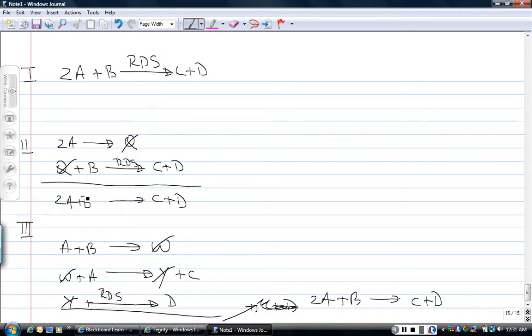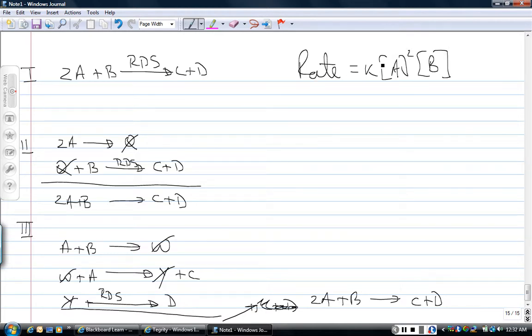All of these mechanisms are consistent with what I have, which is the stoichiometry: 2A plus B gives C plus D. They are also consistent with my kinetics, because my kinetics are rate equals k times the concentration of A squared times the concentration of B. Right?